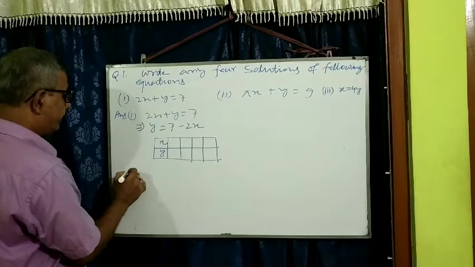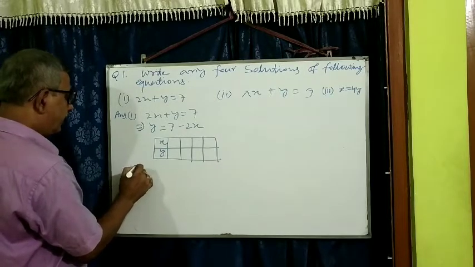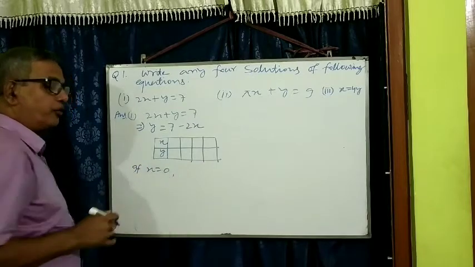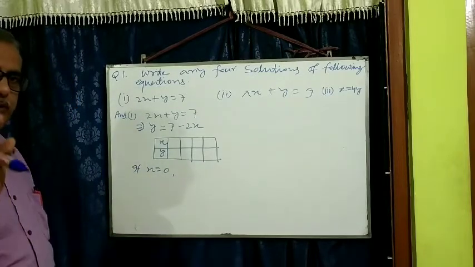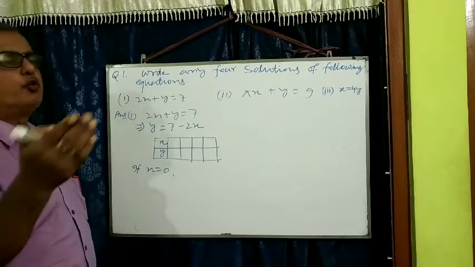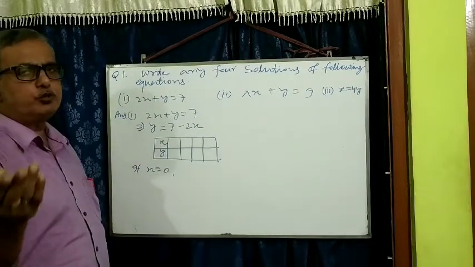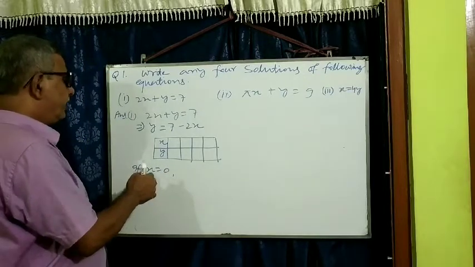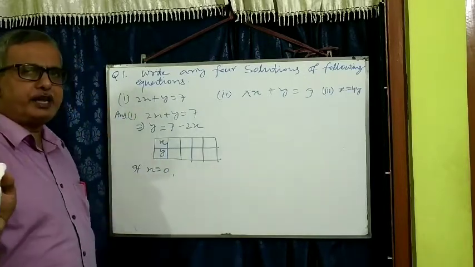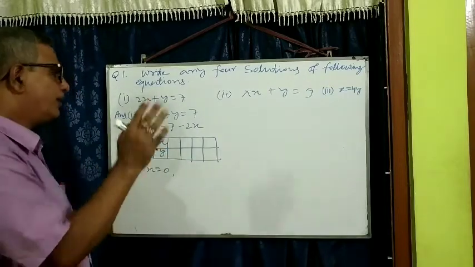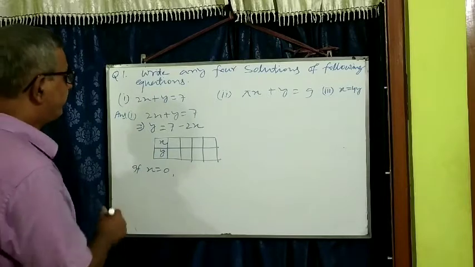Example, if x is equal to 0, now you think like that, I am taking 0, you may take 1, you may take minus 1, you may take 2, you may take minus 2. It is up to you. Whatever you want to take for x, you may take. There is no restriction.